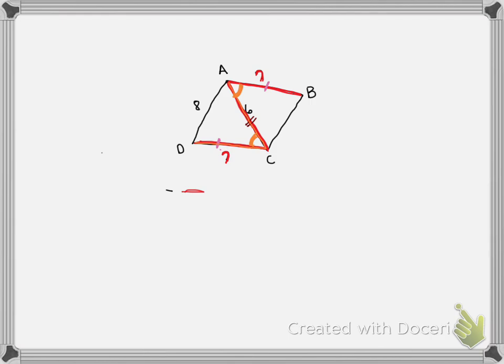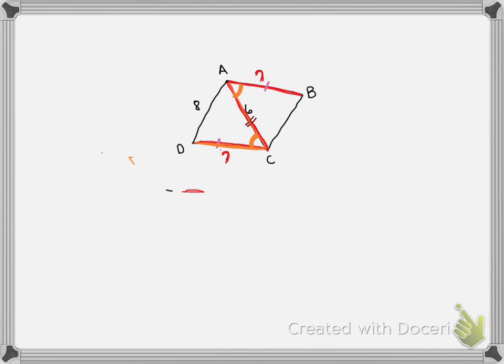So AB and AC are the two sides. Therefore, this angle is the angle in between. Likewise, AC and DC are the sides in the other triangle. Therefore, that angle right there at angle C has to be the angle in between the two sides.